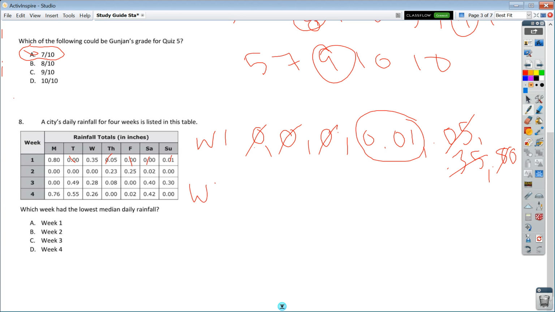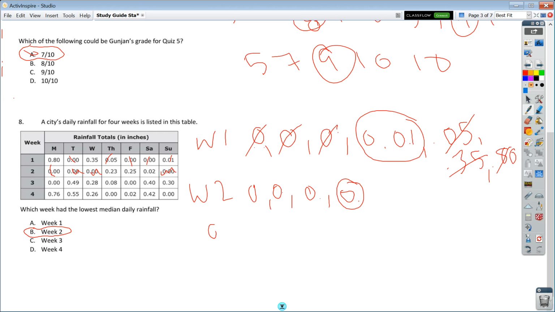So week 2, I have 0, 0, 0, 0, 0, 0, 1, 2, 3, fourth number. Well, that's the fourth number. There were 4 zeros. So this is definitely the lowest one so far. I'm just going to say week 2 because we can't really have less than.